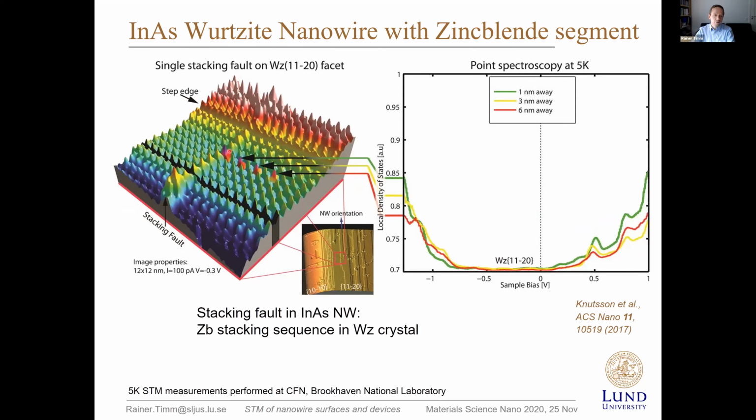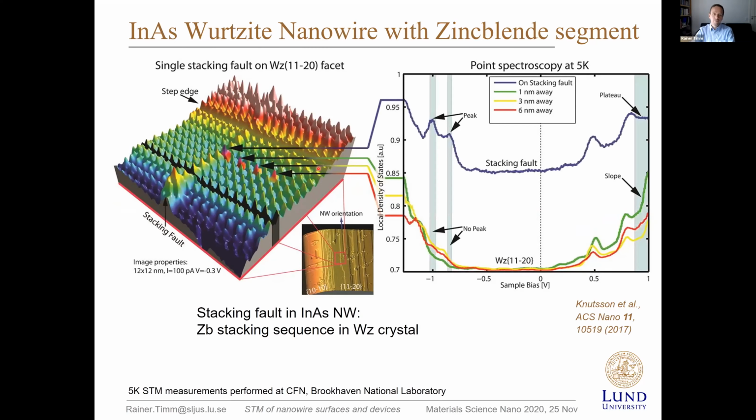And if we then go directly to this atom here, which is within the stacking fault, so in the different type of crystal arrangement, we get this blue spectrum here, where we see some peaks, which you do not see in the structure around. We see a plateau where we instead have a steep increase of the density of states. So it looks quite different from the area around.